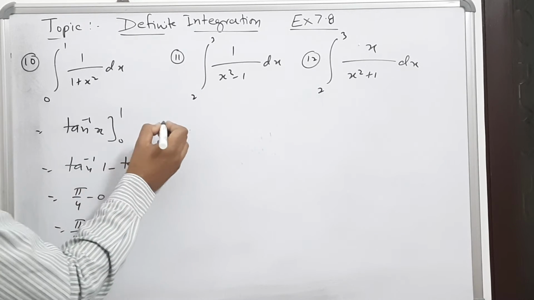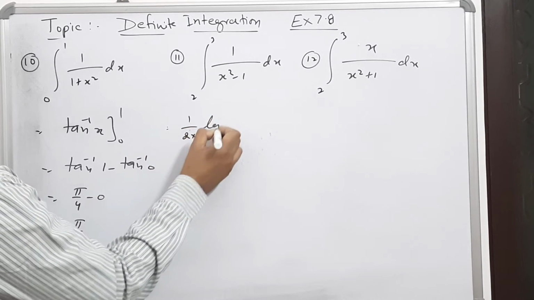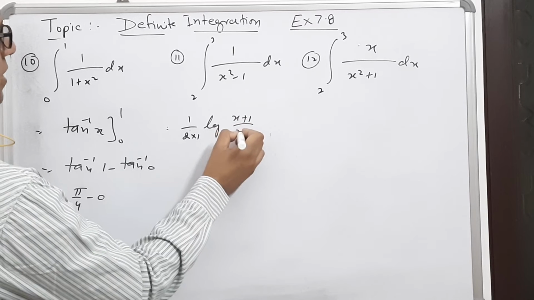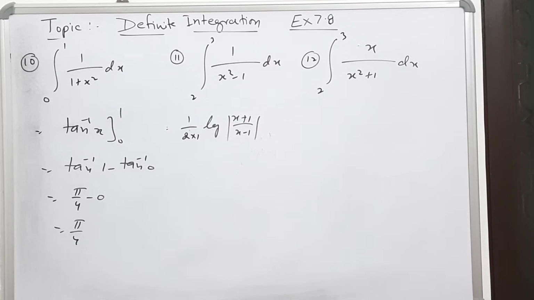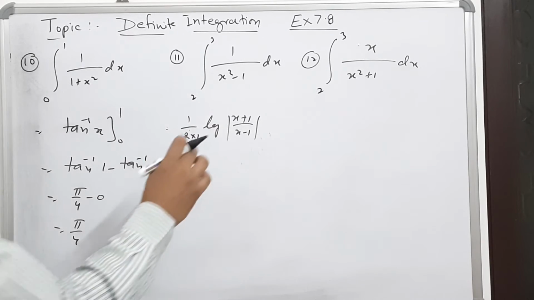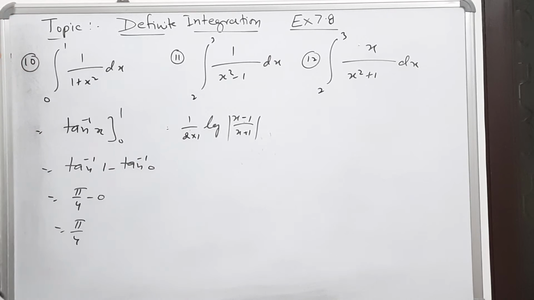You see this, the formula is 1 upon 2a log of (x minus a) upon (x plus a). The standard formula in that sense here. This is plus here and this is minus here.